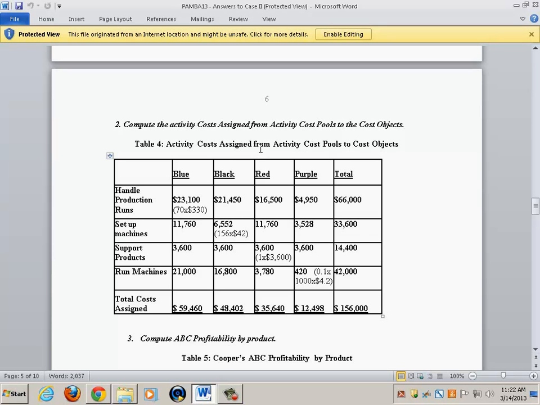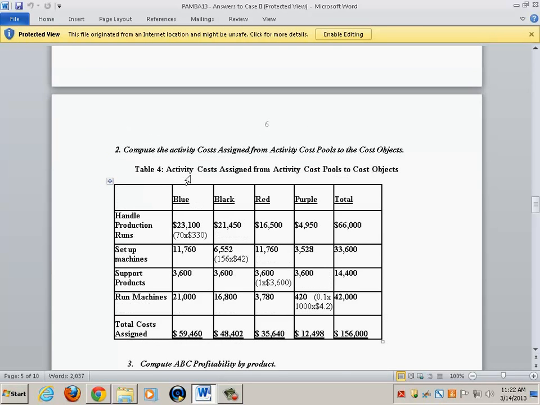So, let's numbers. Well, let's go over some of the numbers.